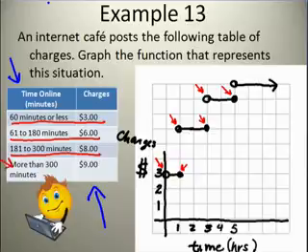Last but not least, anything that's more than 300 minutes is going to cost $9. So again, I put an open point to indicate that at 5 hours you are not charged $9, but then drew a line with an arrow indicating anything more than 5 hours would be $9.